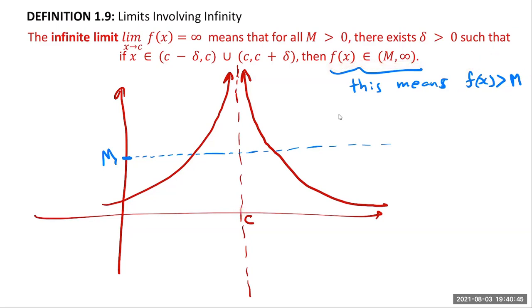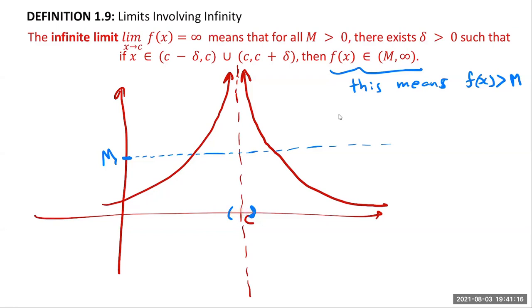Well, clearly, if you use a very small delta like this, you can easily find a very small delta punctured neighborhood. And if you pick an x value from this delta punctured neighborhood, your y value is going to be above m. Let me draw a small delta punctured neighborhood. For example, this is my delta punctured neighborhood. This point c is not included in that interval.